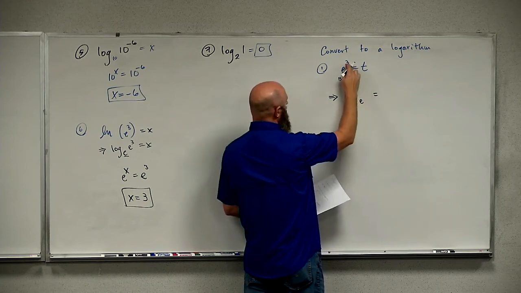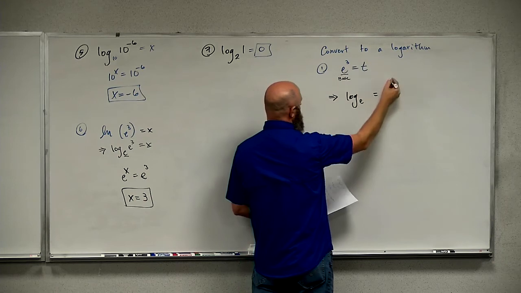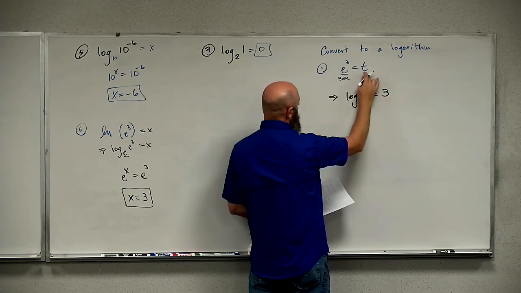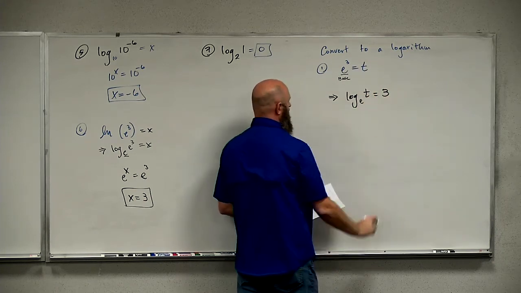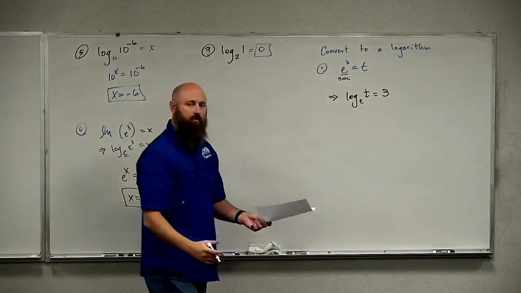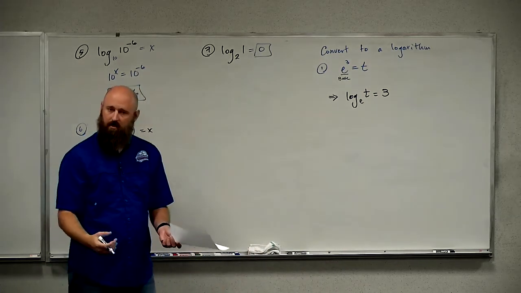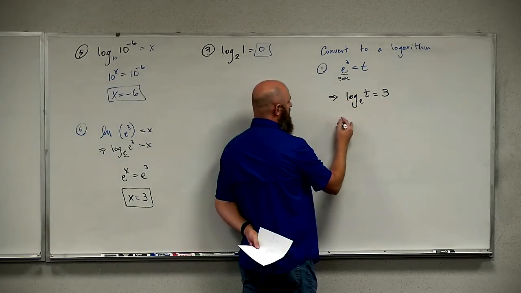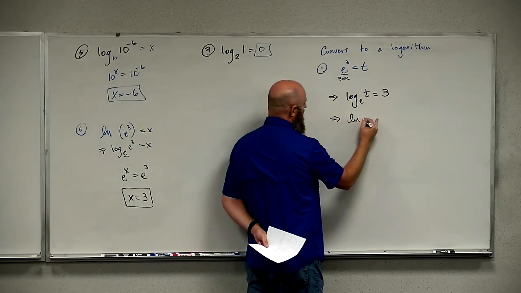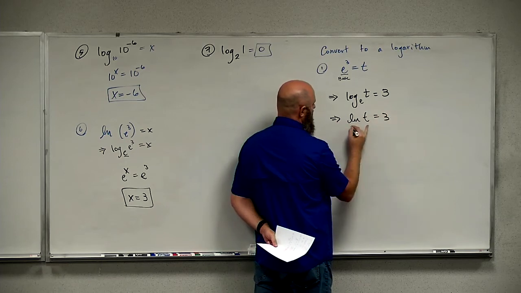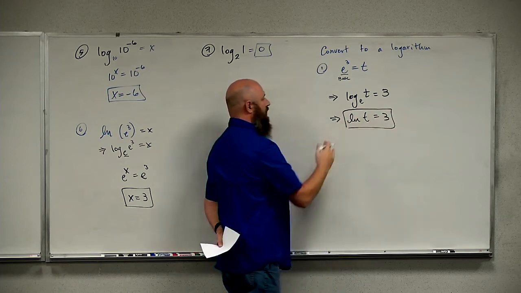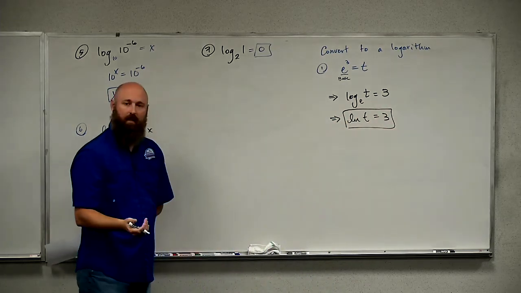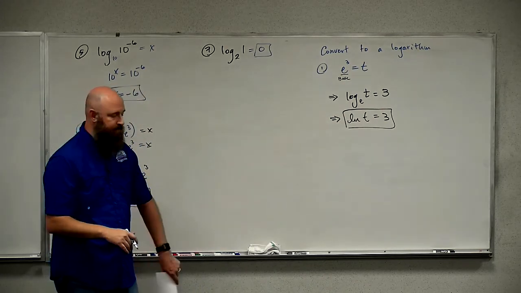Well, if the 3 is already touching the e, it means it goes on the other side over here, and the t is now touching that. And make sure that you write that base as a subscript. But technically here, if it's log base e, that is ln of t equals 3. We never write log base e, we write ln on those, okay?